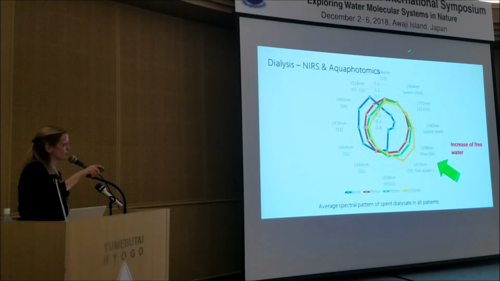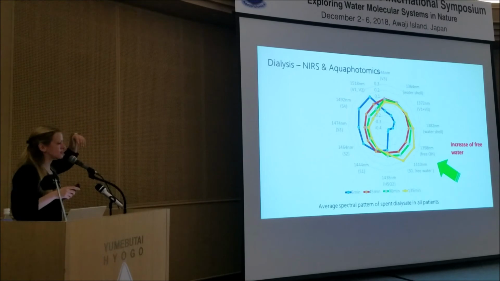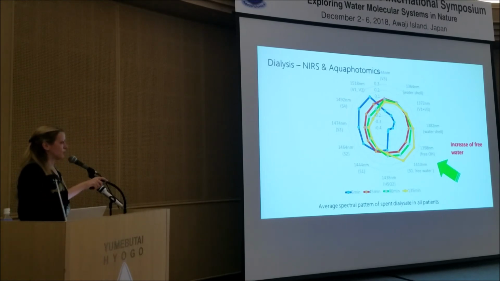And this aquagram is actually showing us the state of water in spent dialysate as the dialysis progresses. And as I said, instead of monitoring all these like 80 components, what I saw in spent dialysate is that as the dialysis progresses, the dialysate becomes more and more clean, and I could see that by the increased absorbance in only 2 bands, which are related to free water.